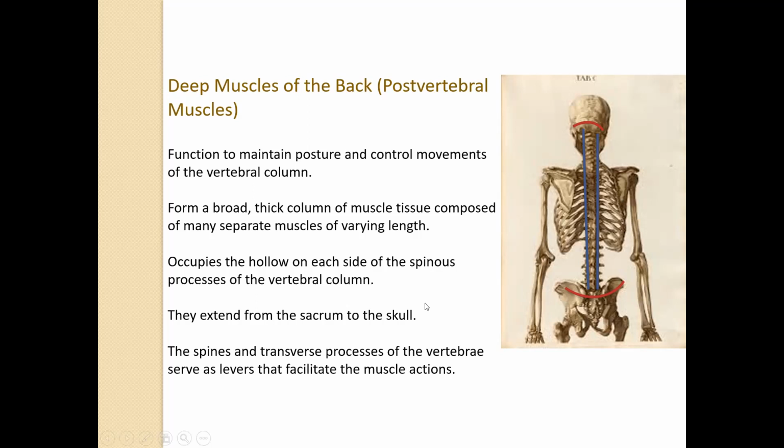So, these muscles extend, as I earlier said, from the skull to the sacrum and they occupy the hollow area on each side of the spinous processes of the vertebral column. So they form a thick and broad column of muscle tissue which comprises many separate muscles of varying length.